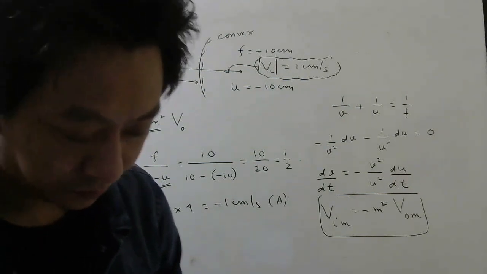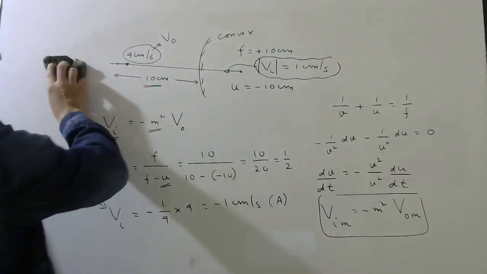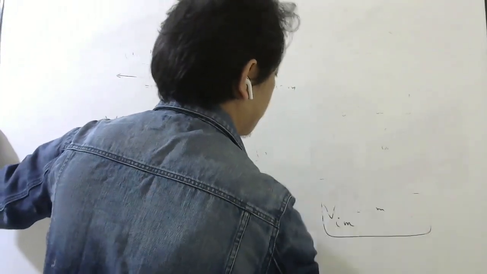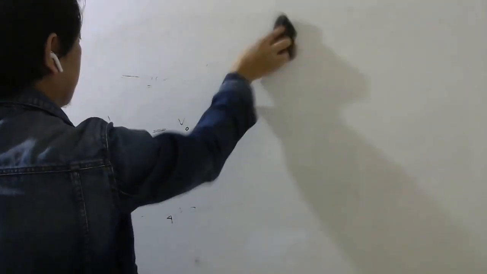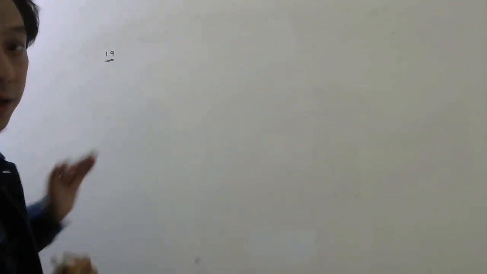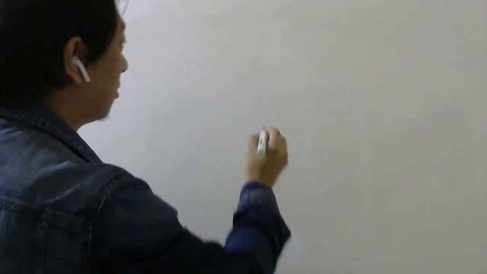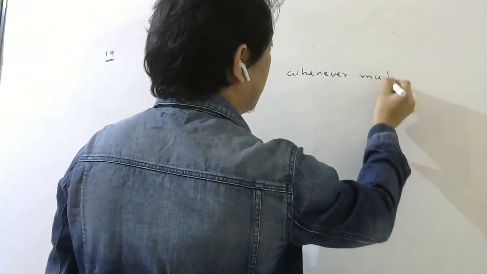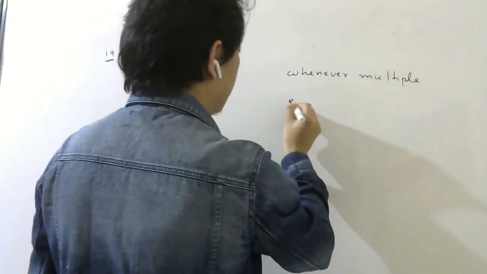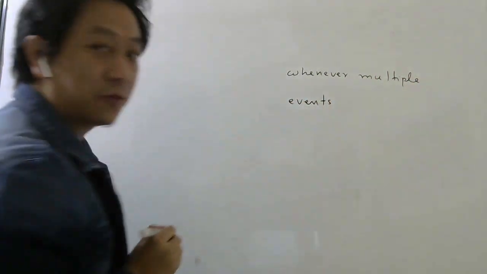19th question you see now. Now, from 19 onwards, there will be some questions where one concept is needed, which already we have discussed in the class, but let me remind. So this is something which all of you should remember, okay? Whenever multiple events, now by events, what do I mean in this chapter?